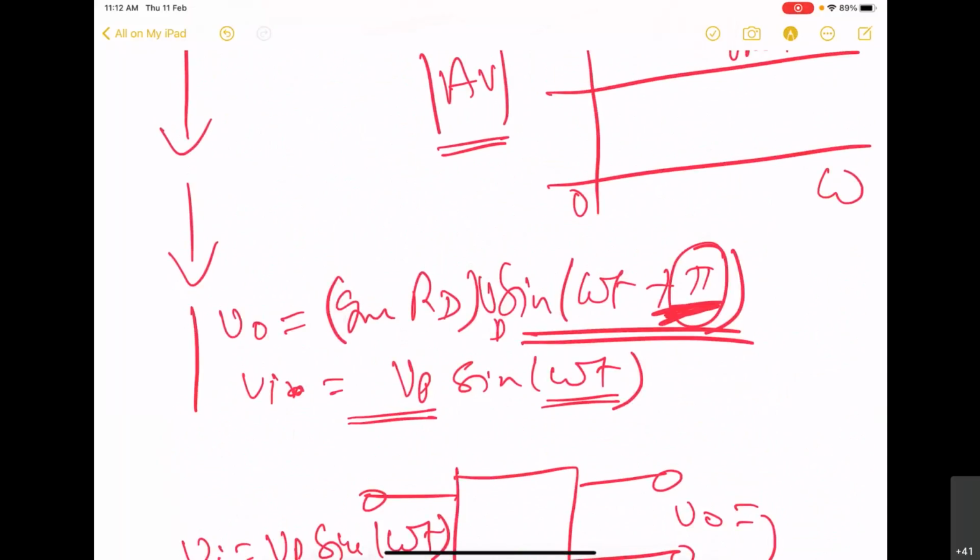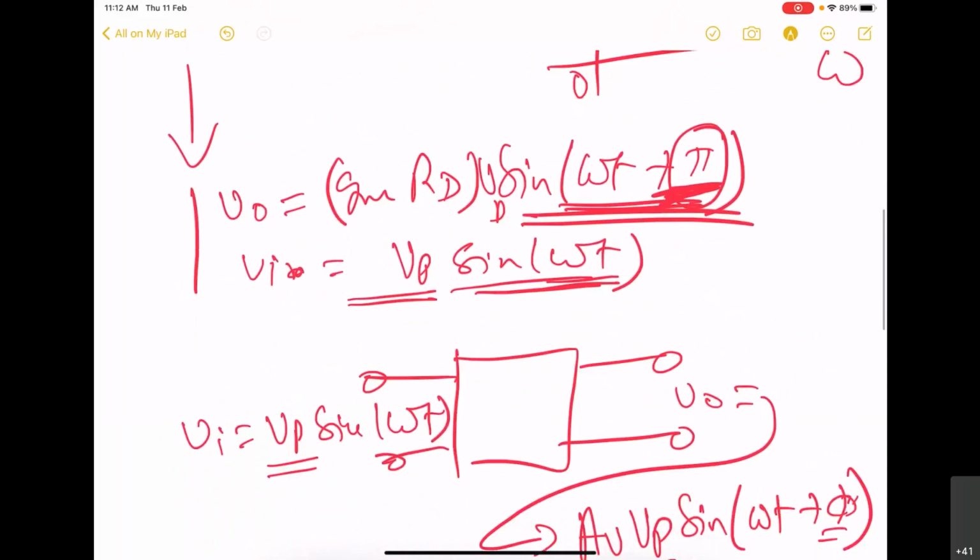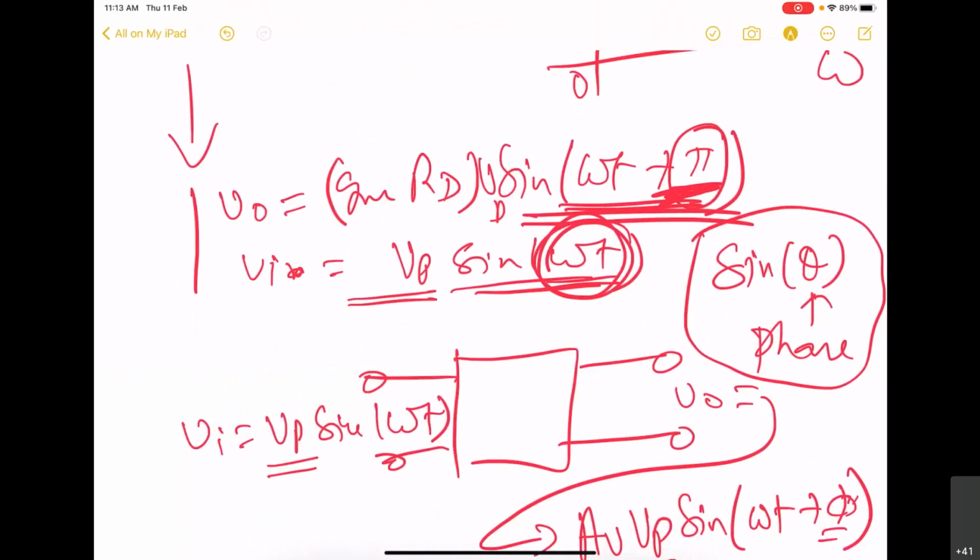That is what we see here for the common source amplifier. Keep in mind, for any given sinusoidal signal, the phase is this whole argument, because in mathematics we write sine theta. So this is theta, the whole argument of the sine or cosine function is actually the phase of the signal. This is very important, you should keep it in mind. Many students are confused about the phase.